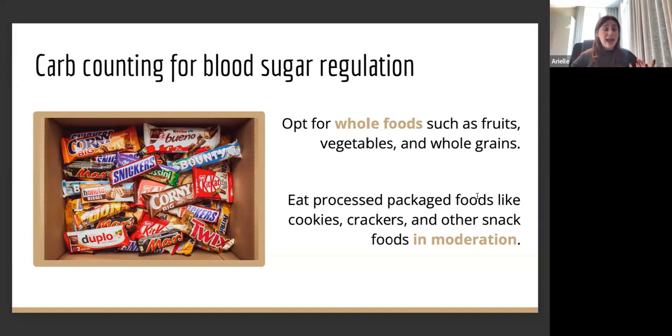So I'll tell people you want to have an apple and a cheese stick, or an apple and peanut butter, or a peach and a cheese stick. Even though there's fiber in that fruit, the protein will be that extra source that will help prevent our blood sugars from spiking too high and from quickly crashing down. So it's really, really good to make sure that we're pairing with a healthy fat or a protein. This will again help with our blood sugar regulation.